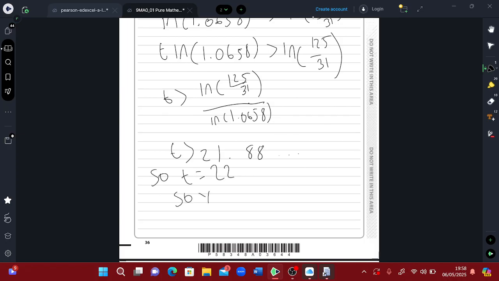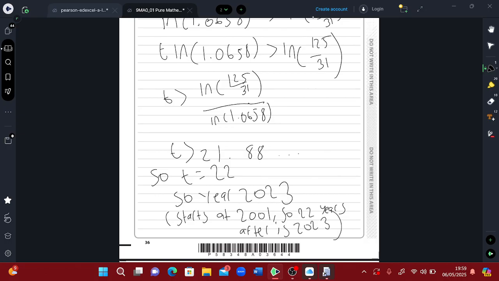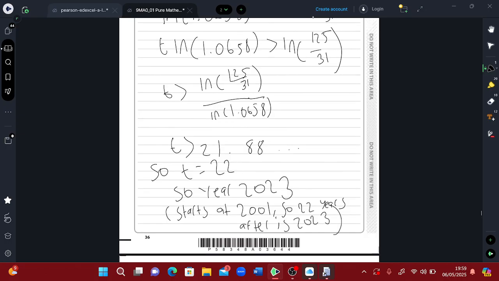So year 2023, because the model starts at 2001. Sorry, the model does not start at 2021. So 22 years after that is 2023. So that would be the year when it first appreciates.